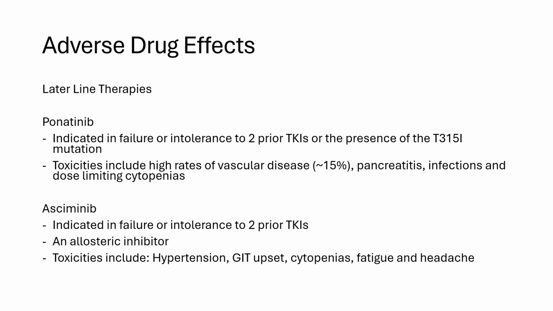So if you have that mutation, you can skip straight to the later line third and fourth generation TKIs. Again, toxicities are listed, but really the hot fact to know about this is the T315I.